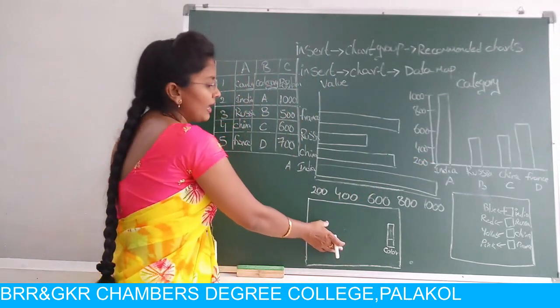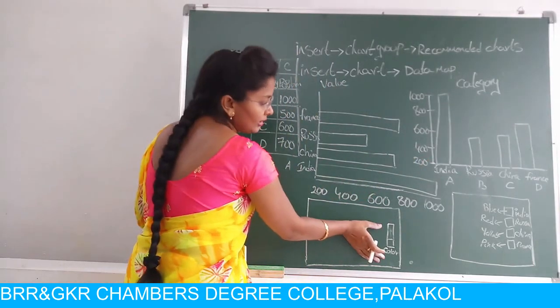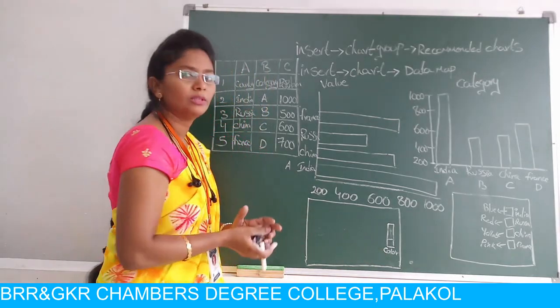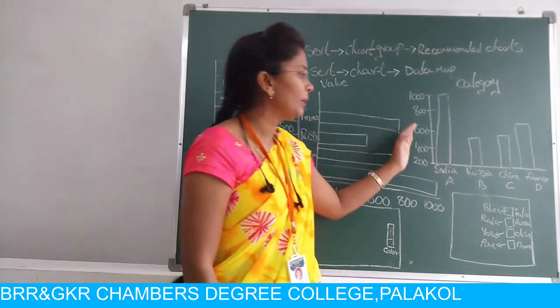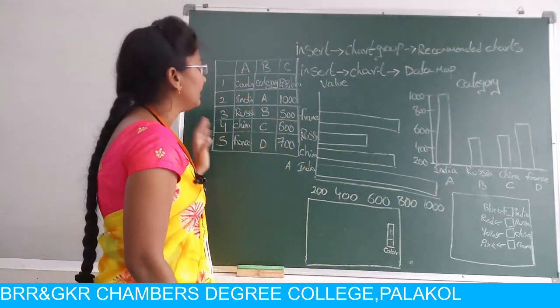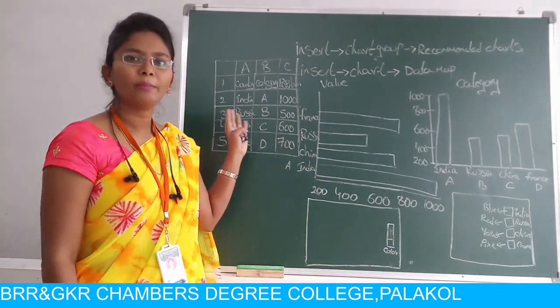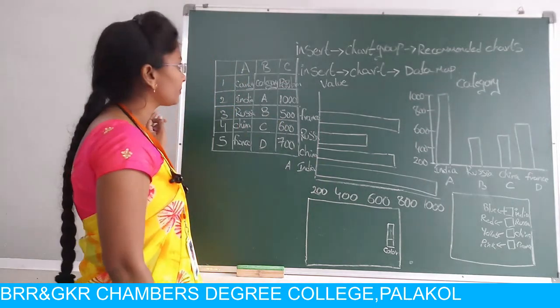But in the value chart or value map, there will be only 2 to 3 colors. There will be a slight difference in the value chart. But in category, it will be displayed with different colors according to the data. This is the way the map will be displayed on your Excel sheet.